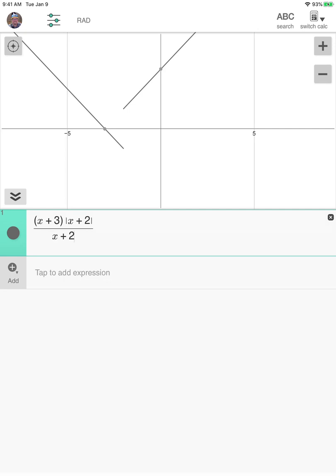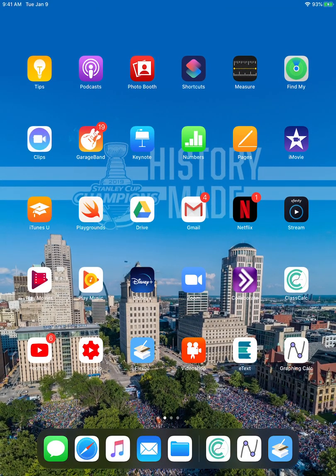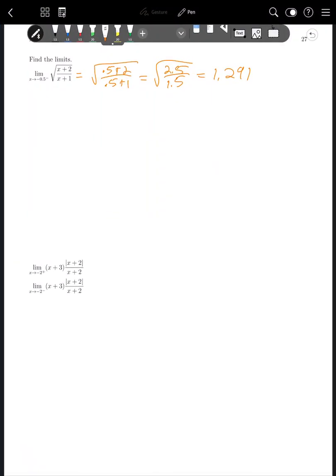So maybe we should check these values, because it doesn't seem to be giving us the right answers. In fact, it's not giving us the right answers. But I do know that this piece on the right is positive, the piece on the left is negative. So then this would just be the limit as x approaches negative 2 of x plus 3, and this will be the opposite of the limit as x approaches negative 2 of x plus 3.